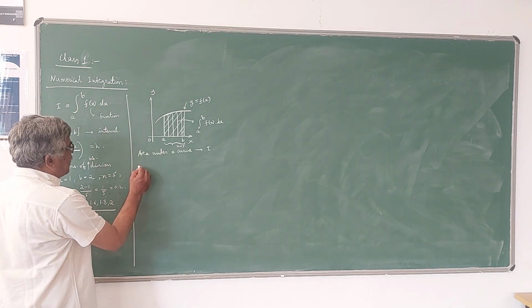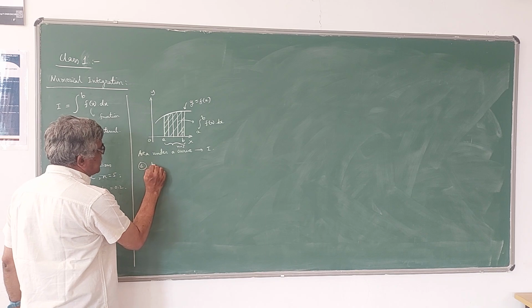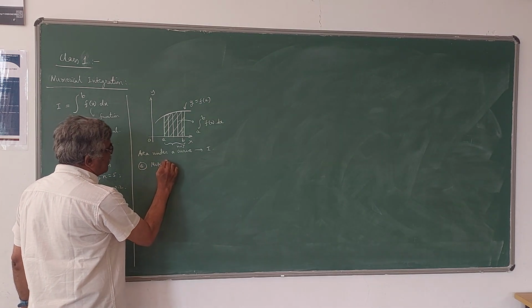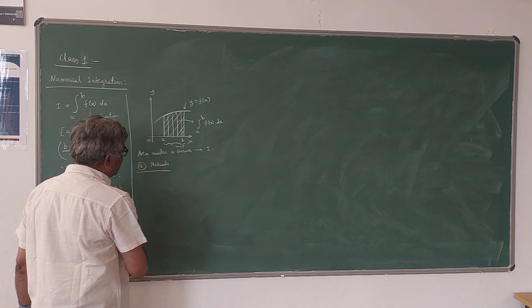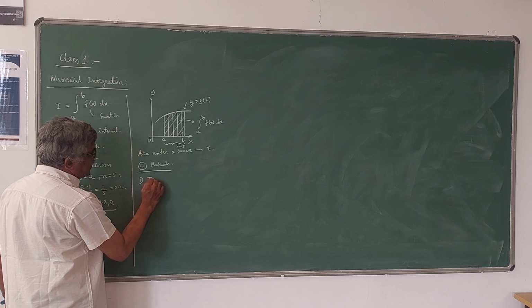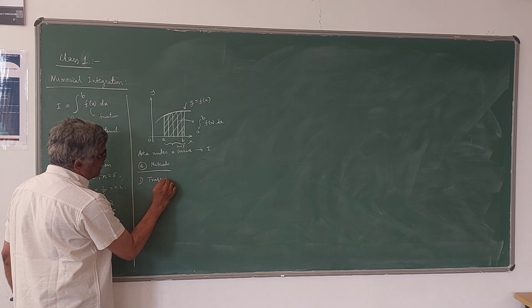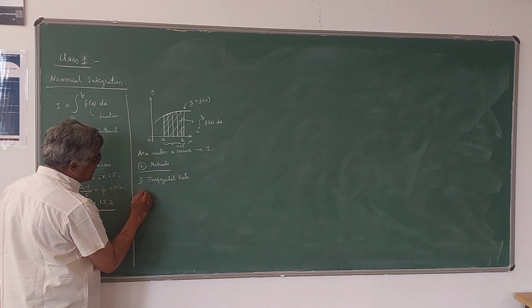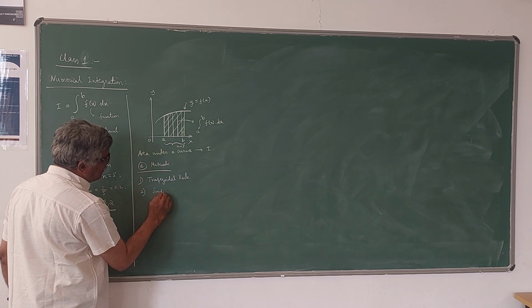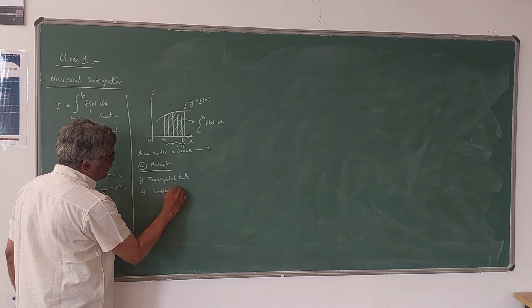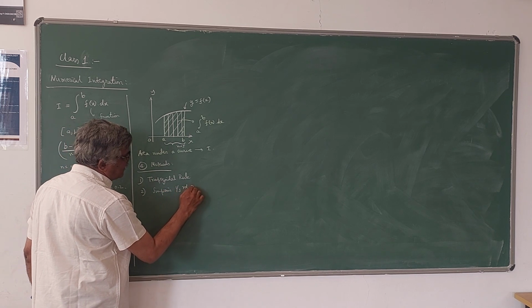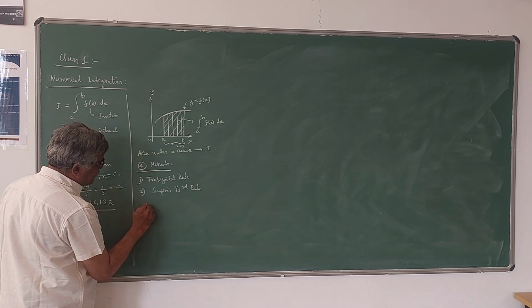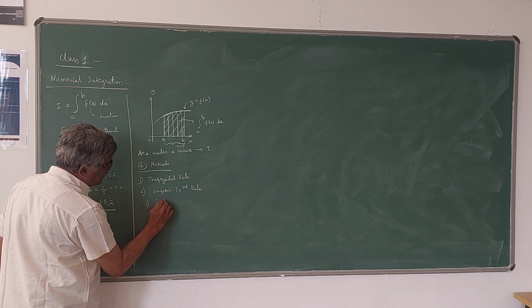So there are 4 methods of numerical integration we have to study in this course. The first one is the trapezoidal rule. The second one is Simpson's 1/3 rule. The third one is Simpson's 3/8 rule.